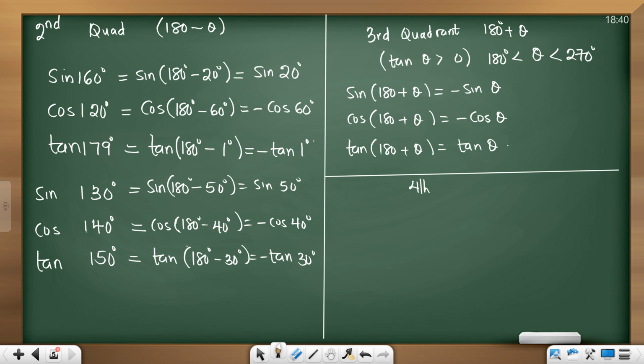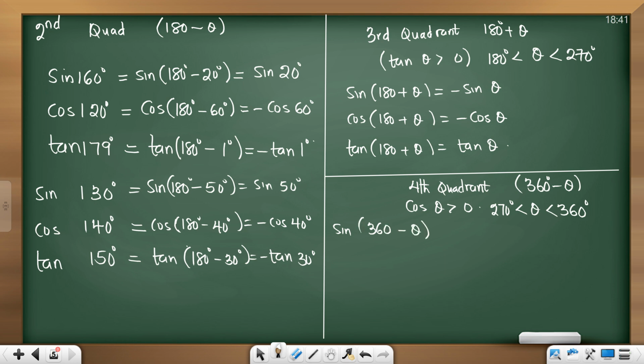Fourth quadrant: 360 minus theta, and only cos is positive here. So sine 360, well, what are my angles? My angles are greater than 270, but less than 360.